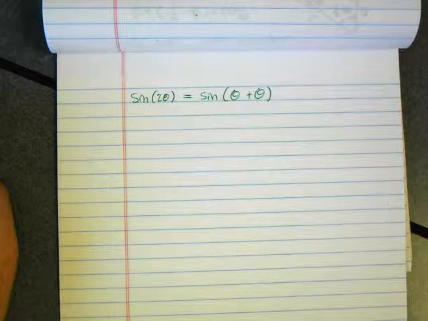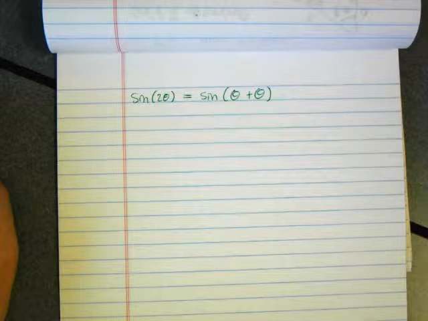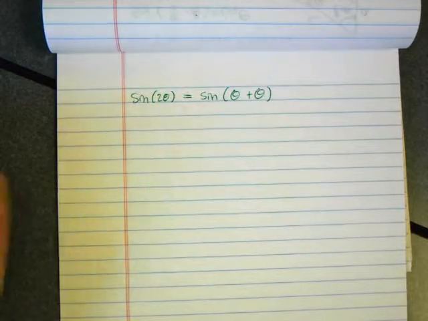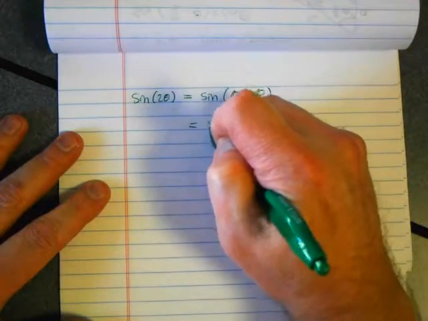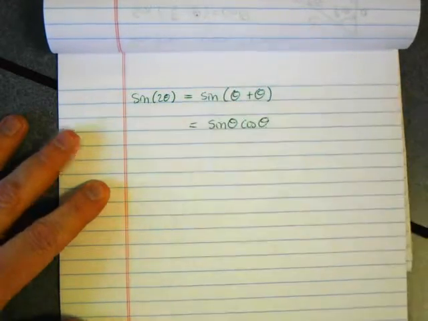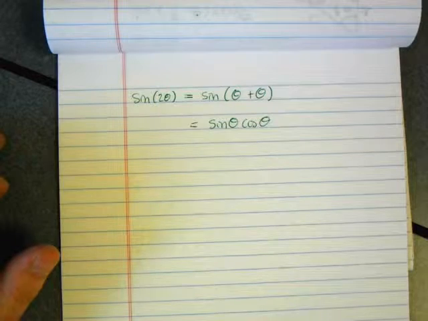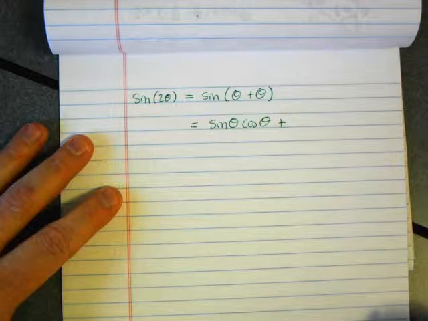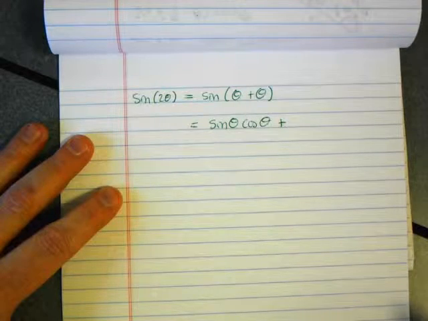So what's that formula for sine of adding 2 things together? The first one goes sine of the first angle, which is theta, cosine of the second angle, which is also theta, plus, and then it would switch, but it's all theta, so it's really all the same.